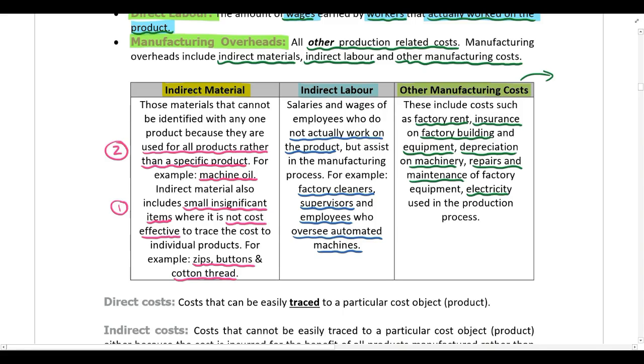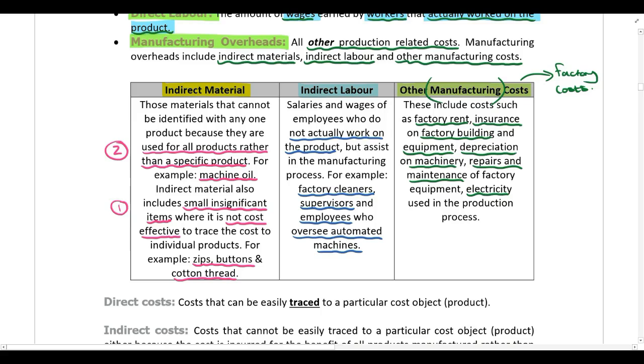In other words, they are manufacturing related. I'm not talking about the rent of your office building or depreciation on computer equipment that's used in your office. These are all factory-related costs.